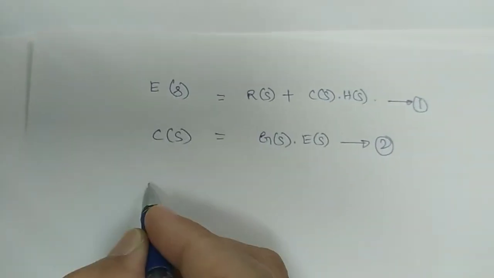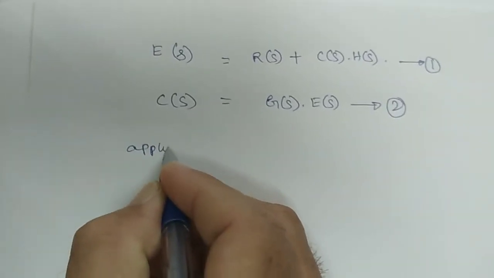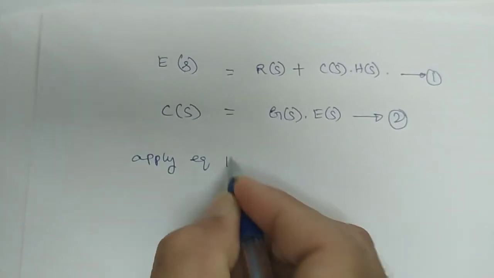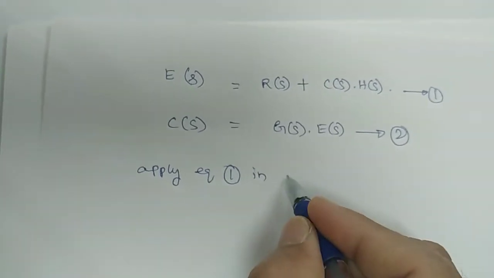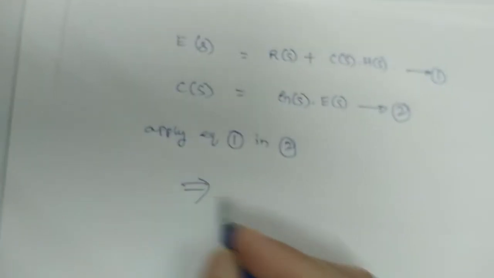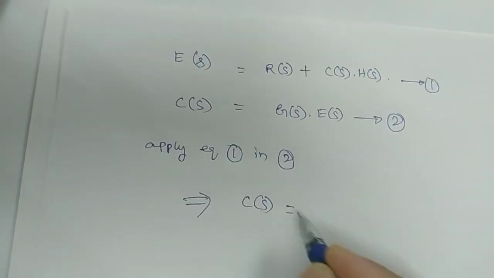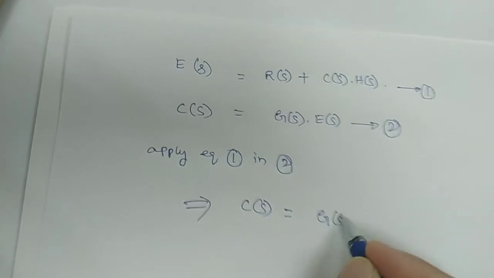Now apply equation 1 into equation 2. This implies what we will get? C of s is equal to G of s into E of s.